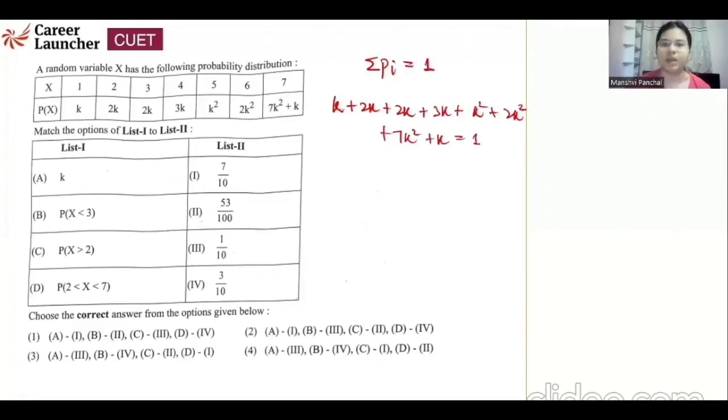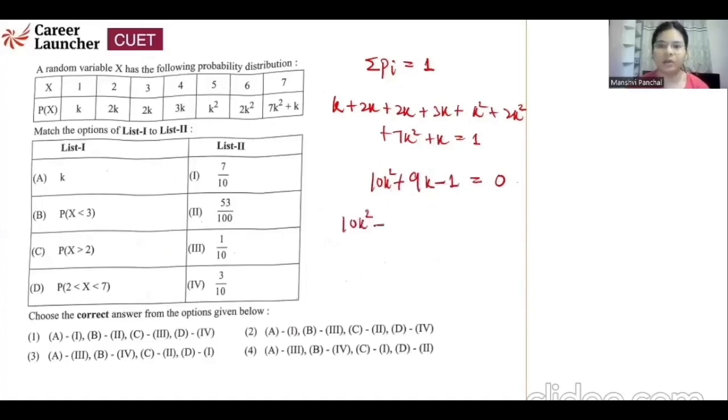So this will become k plus 2, 3 plus 2, 5 plus 3, 8 plus 1, 9. So 9k and 10k square minus 1 is equal to 0.